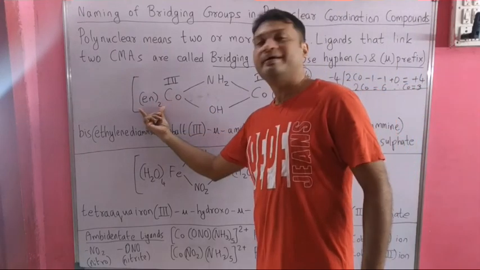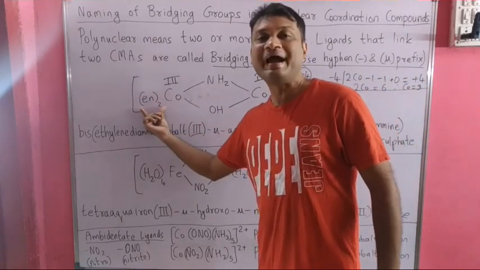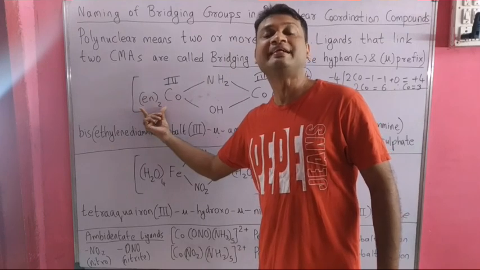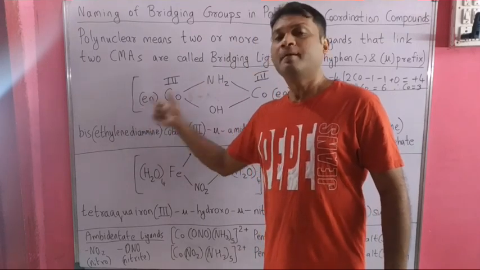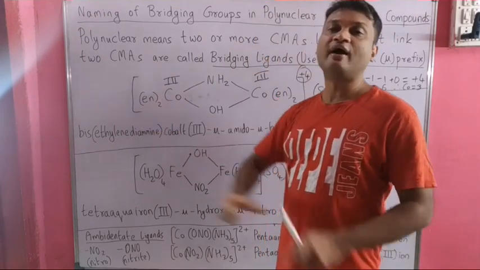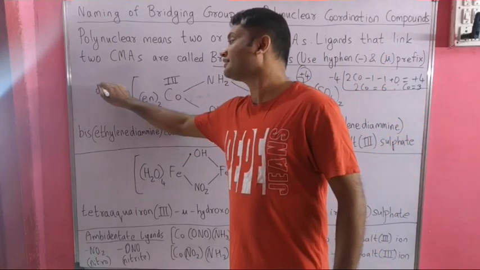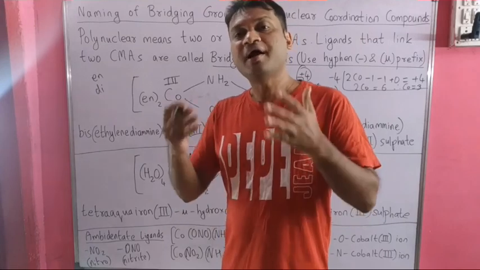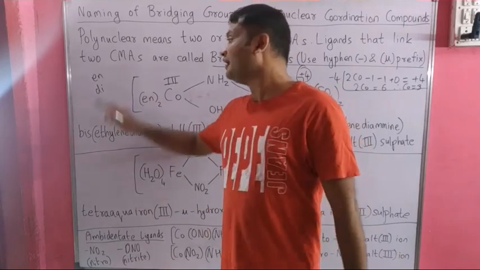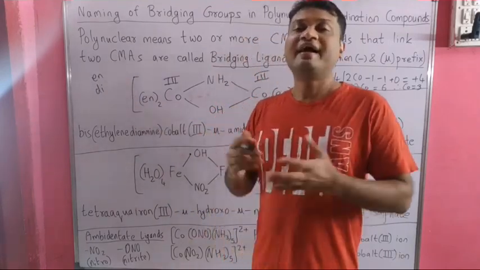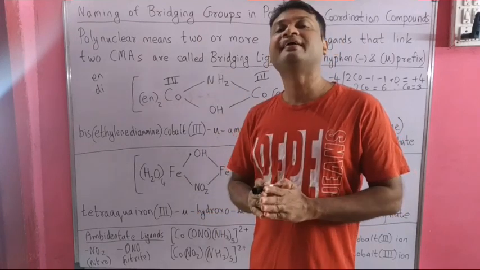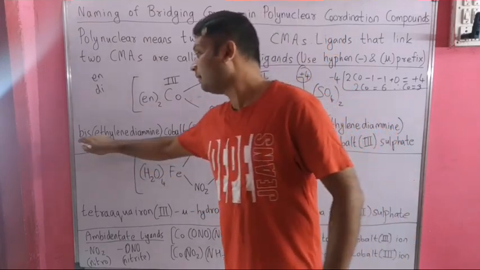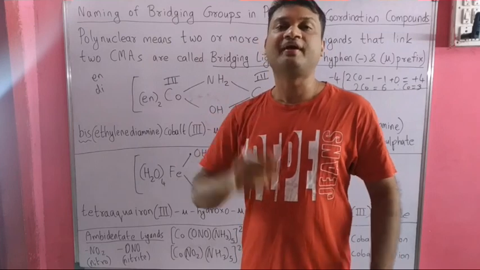We have 2 ligands in this case, 2 bidentate ligands, 2 ethylene diamine ligands. Because in this ligand we have the term di, because it is ethylene diamine. So we have the di symbol in the name of the ligand itself. Hence for bidentate ligands we use the prefix bis, tris, tetrakis.